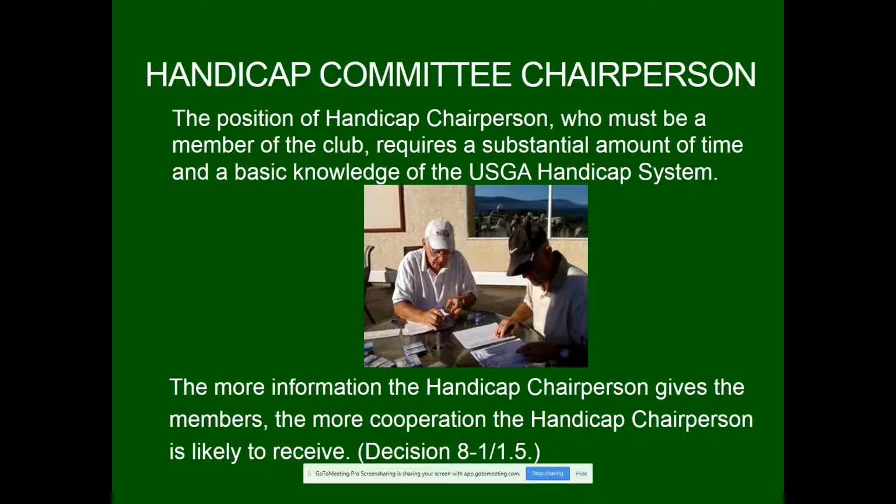The more information you get out to your members, the less confusion, and the less chance for somebody to be mad or frustrated, because if they don't have the knowledge base to understand a situation when it comes up, and you explain it to them, then the less likely there is to be a conflict.